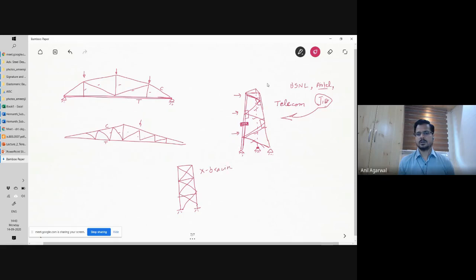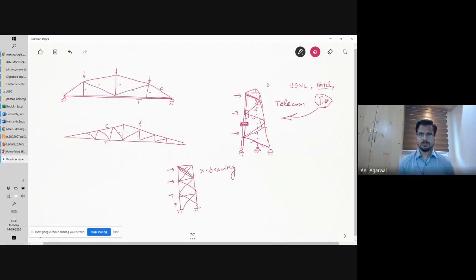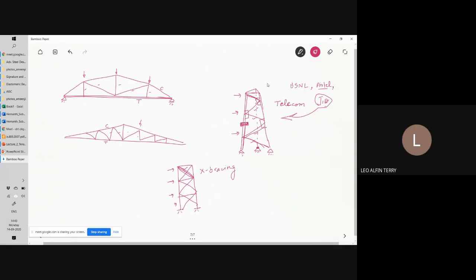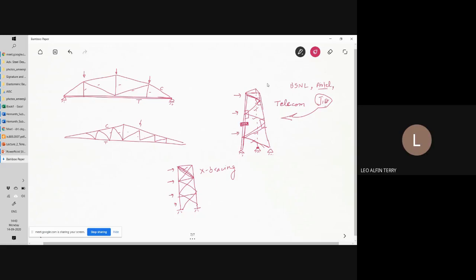When any kind of lateral load acts on this building, let's say this kind of lateral load is acting on this building, then you would have this brace undergoing what kind of forces? This particular brace. Axial forces. Tension or compression?